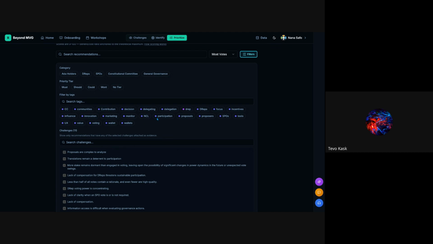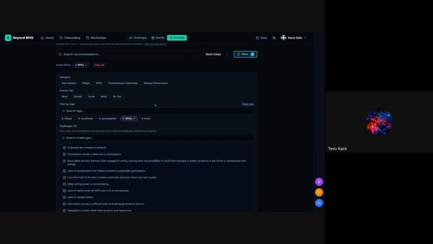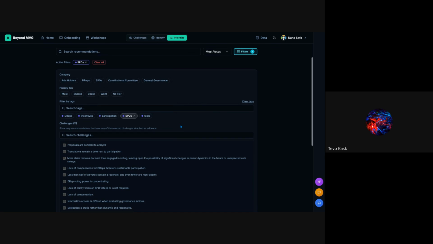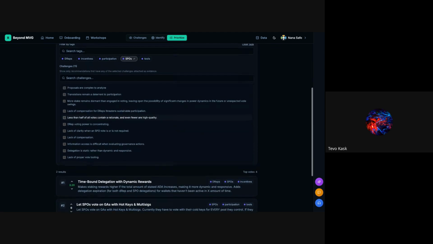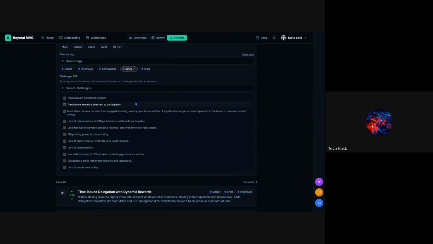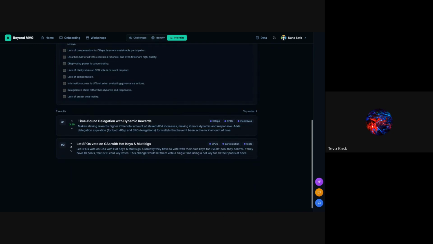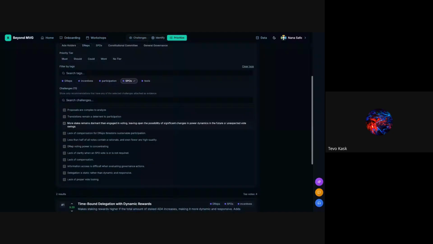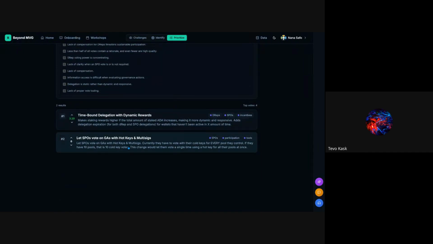And the first category, if you filter out SPOs and then look at specific challenges, this is tags, but the category is above. So the tags are different from the categories. But this will help to also see that even if right now you selected SPO tags, there are only 2 recommendations.